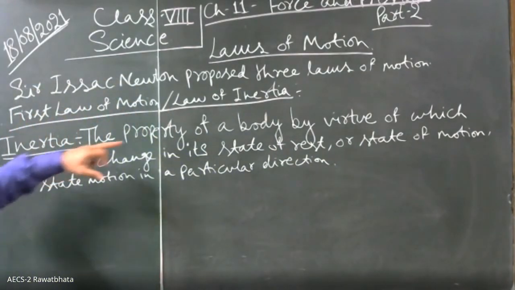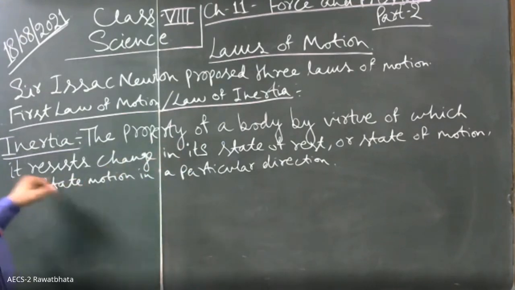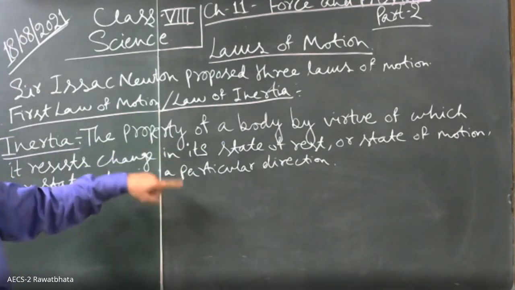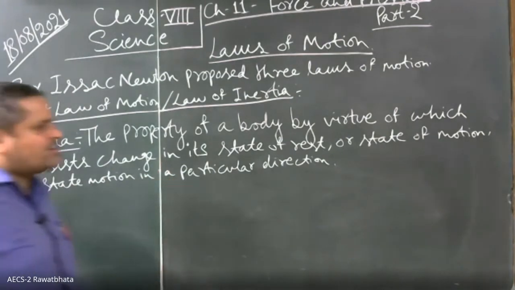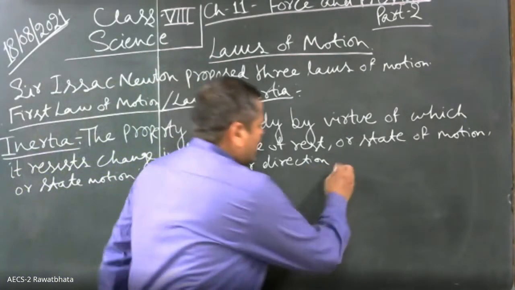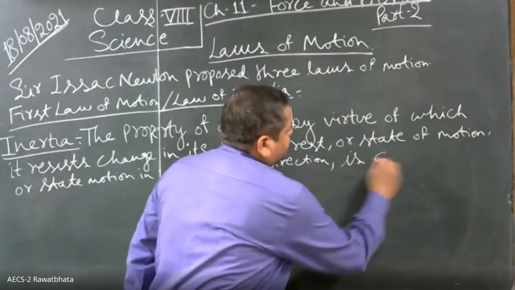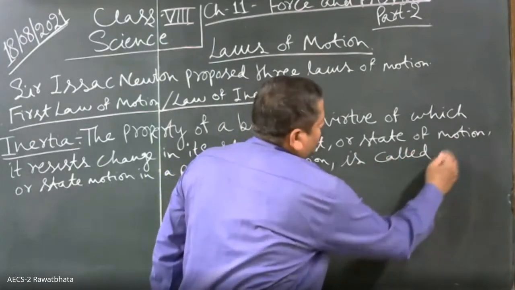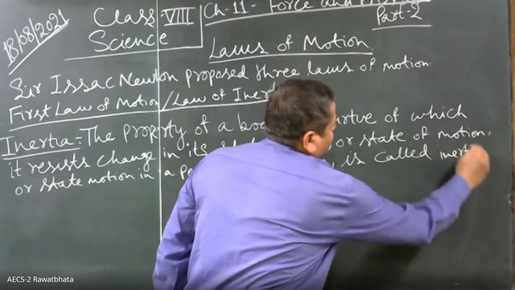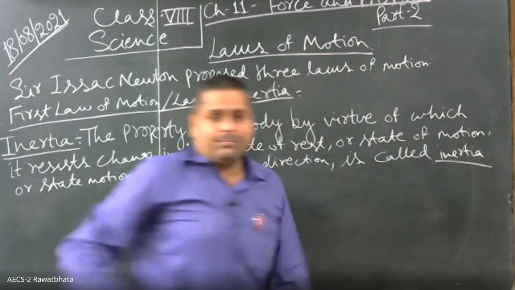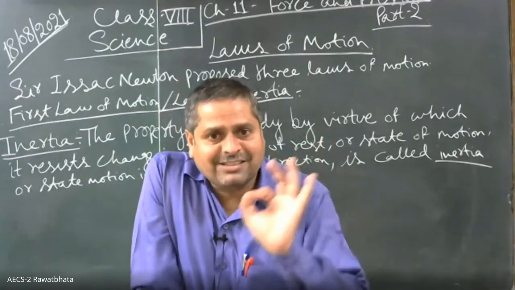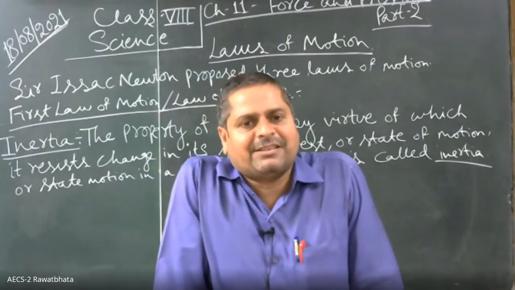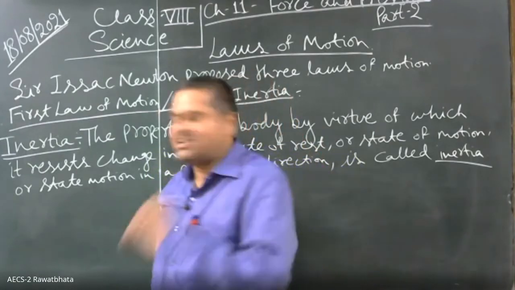Okay? So the property of a body by virtue of which it resists change in its state of rest or state of motion in a particular direction is called inertia. Please pay attention. And mass is the measure of inertia. I will give you one example.